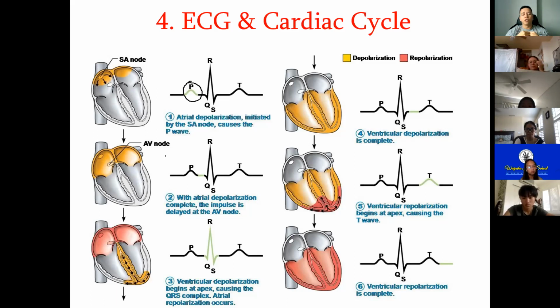And then the cell is going to go back to the resting membrane potential with the help of the what? With the help of the sodium potassium pump, which keeps pumping 3 sodium outside of the cell, 2 potassium inside of the cell, reestablishing the resting membrane potential, in which outside of the cell is positive, inside of the cell is negative. And then it's going to do the cycle all over again. Okay, it's going to go through that constant depolarization, repolarization, depolarization, repolarization.